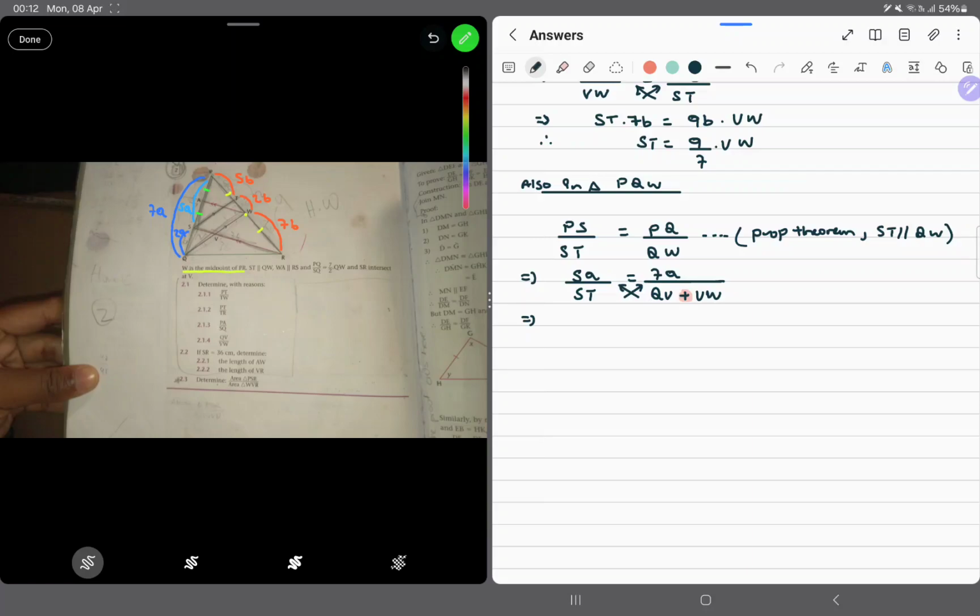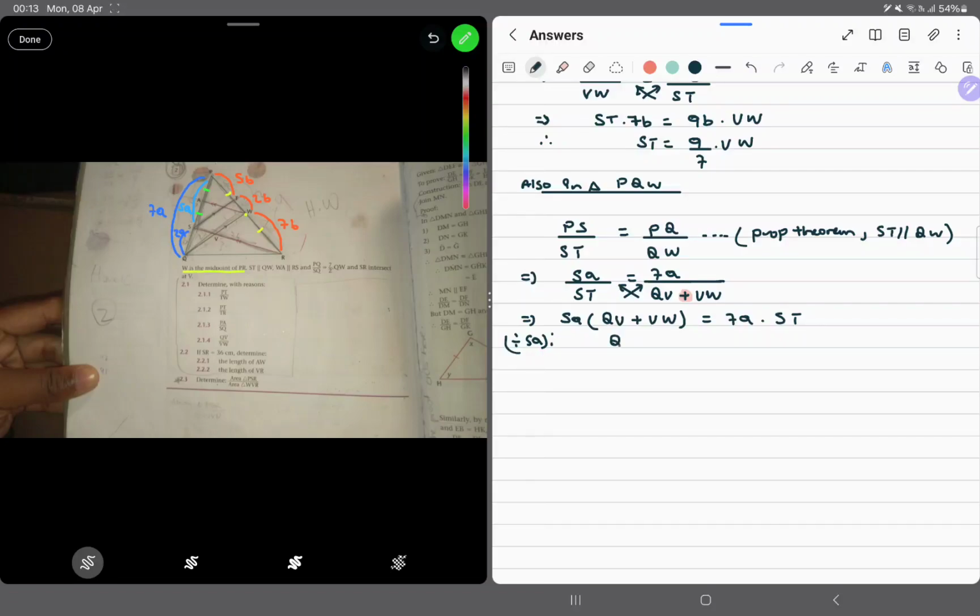What is the story here? The story is like this now. We've got this 5A into QV plus VW. Just keep those in brackets so that you don't run into problems. We've got 7A times ST. Then we divide by 5A.